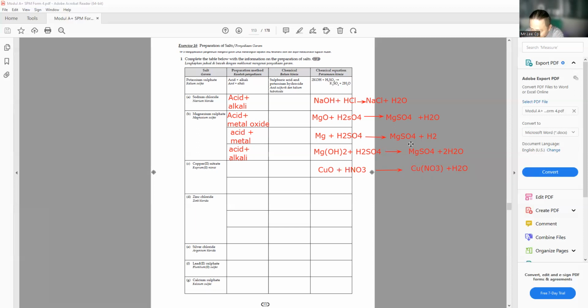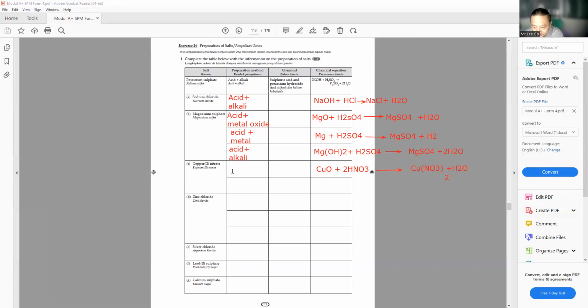How do I write 2 here? I can't write it like that, or later you will be wrong. So one more time, Cu. NO3 got 2, so I need to have 2 here. Right, 2H and then 2H. O got 1, O got 1, balanced.